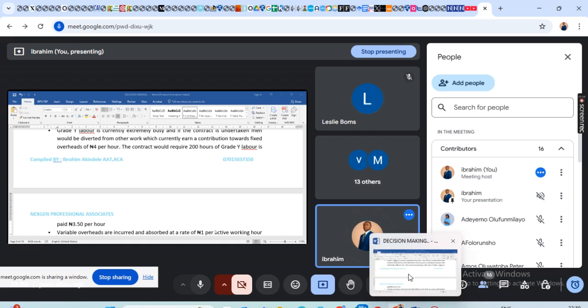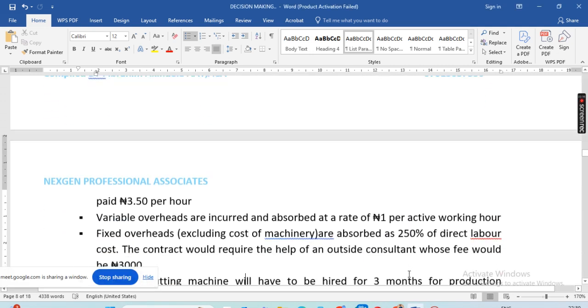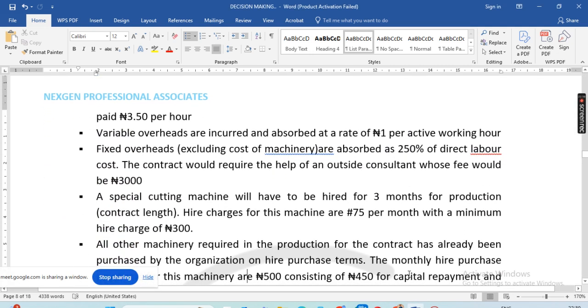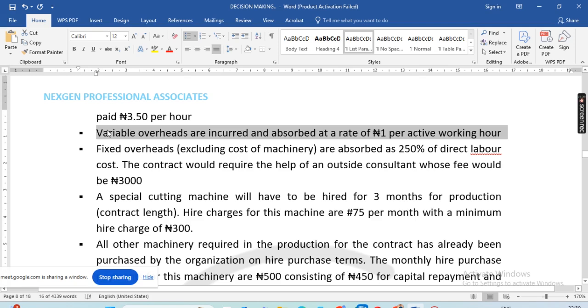Well done. So now, the next one we have here is variable overhead. Variable overhead are incurred and absorbed at a rate of 1 naira per active working hour. Is this a relevant cost or not?